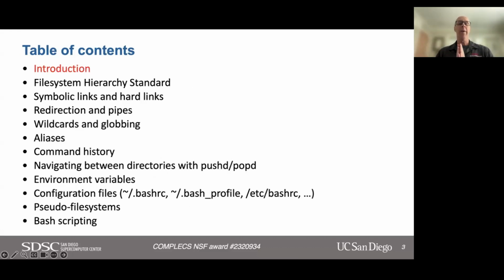All right, so just a rundown of what we're going to be covering today. You're going to get a quick introduction. We're going to talk about the file system hierarchy, symbolic links and hard links, redirection and pipes, wildcards and globbing, aliases, command history, navigating between directories with pushd and popd, environment variables, configuration files, pseudo-filesystems, and then a very quick introduction to bash scripting.